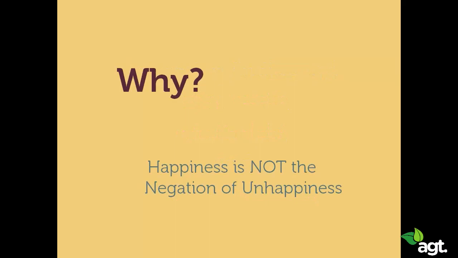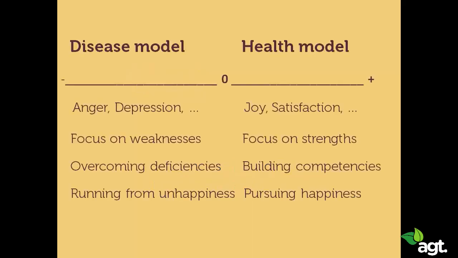First, underlying this new approach is an understanding that happiness is not the negation of unhappiness. Let's look at these two models here, the disease versus the health model, that demonstrates this kind of thinking. Over the last 1.5 decades, it has become very clear that, for example, overcoming depression does not mean that you are happy and flourishing.